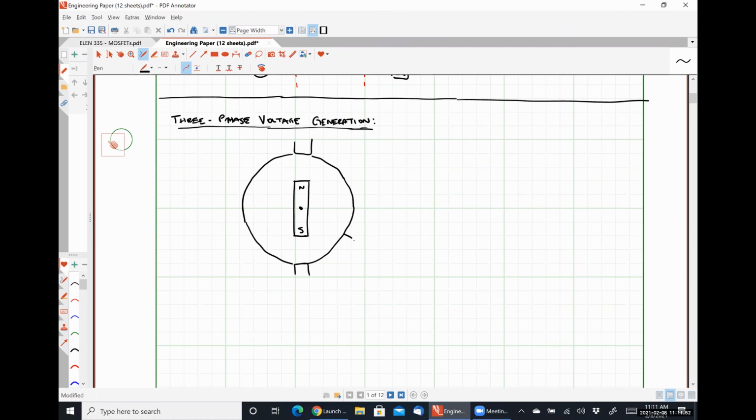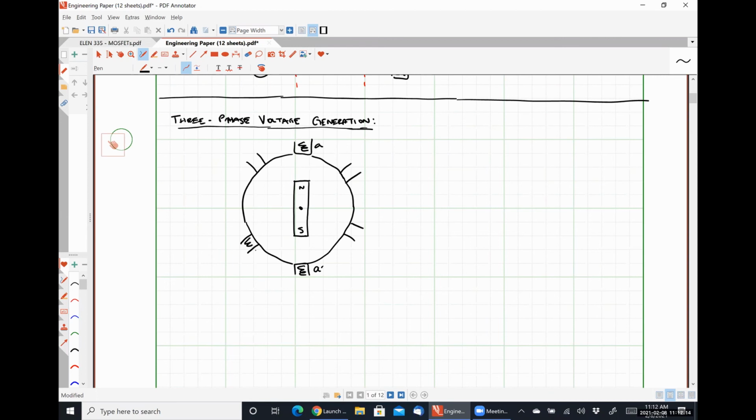A system like this. And I'm going to say that this is a coil of wire and it's for my A phase. This is a coil of wire. I'm going to call it A prime.